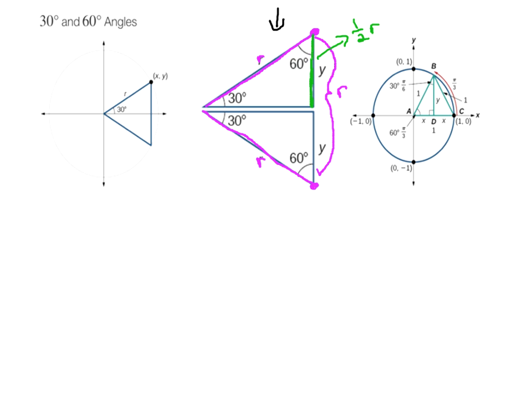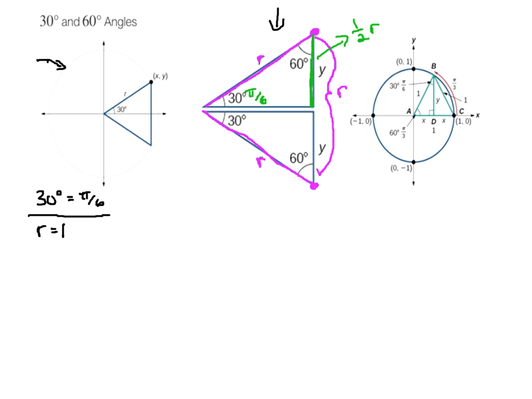Okay, so the 30-degree angle is the same thing as pi over 6, by the way, pi over 6 radians. So for my 30-degree angle, or my pi over 6 radian angle, because I'm inscribed in the unit circle, my r is equal to 1.